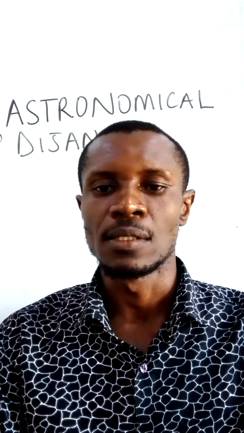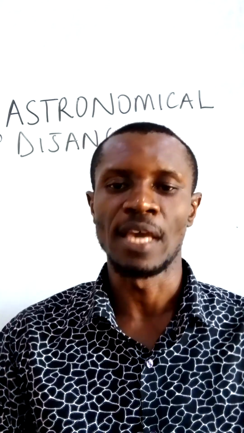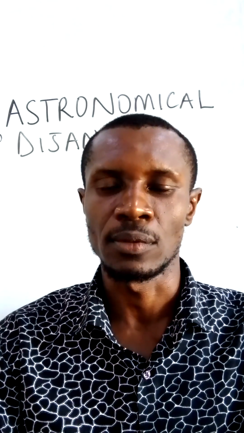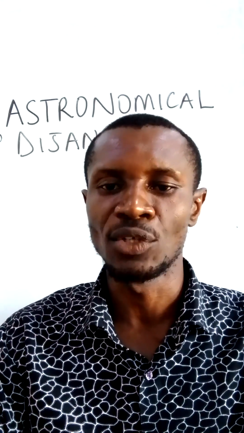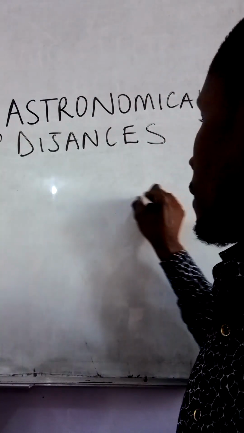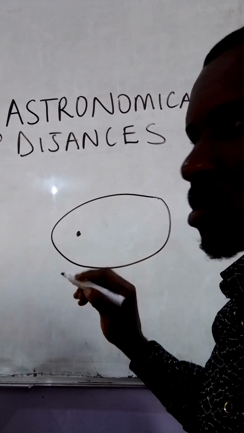Now the length of the semi-major axis of the Earth's orbit around the sun is taken to be equal to the astronomical unit. That is to say, if we have an ellipse like this, the sun occupies one of the foci.